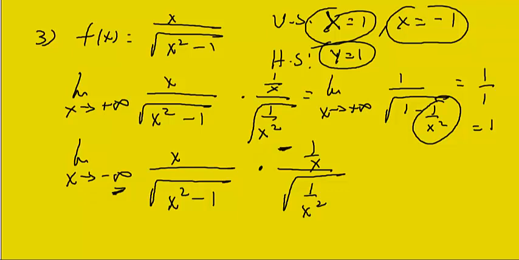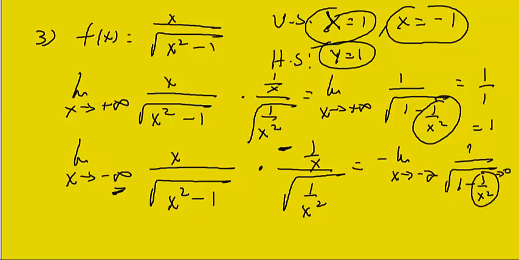So I put a negative right there to adjust for that. That negative goes outside. Then you have the limit as x goes to negative infinity of 1 over square root of 1 minus 1 over x squared. That's going to 0. So where's this thing going to go to? Negative 1. So you have y is equal to negative 1.